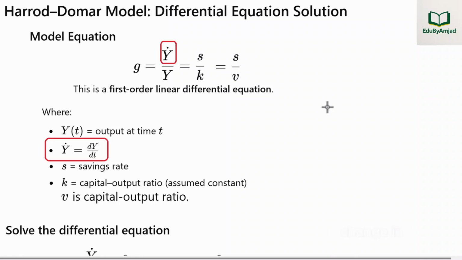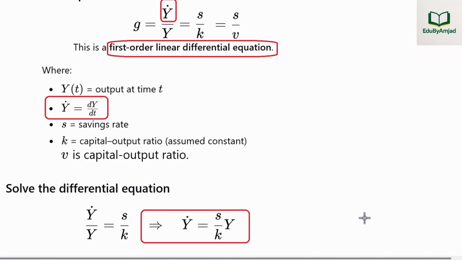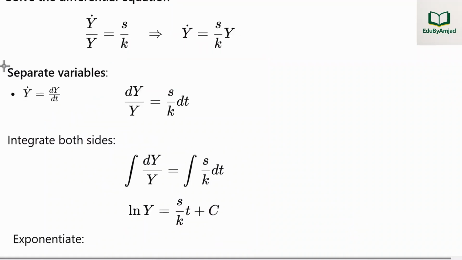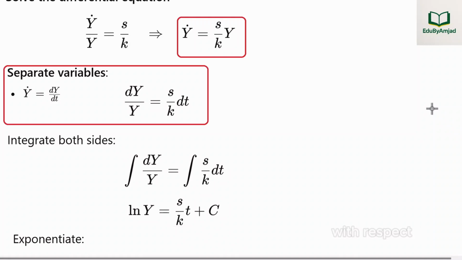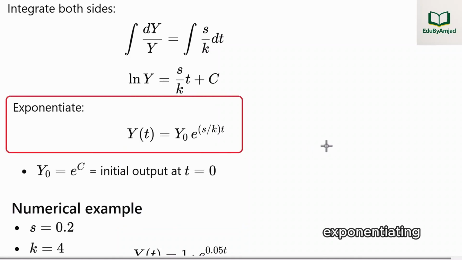If we represent the change in output as a derivative and use it in the growth rate equation we just derived, we obtain a differential equation that describes output growth. By separating variables and integrating both sides with respect to time, we obtain the solution for national output in the Harrod-Domar model. Exponentiating the result gives output as an exponential function of time.